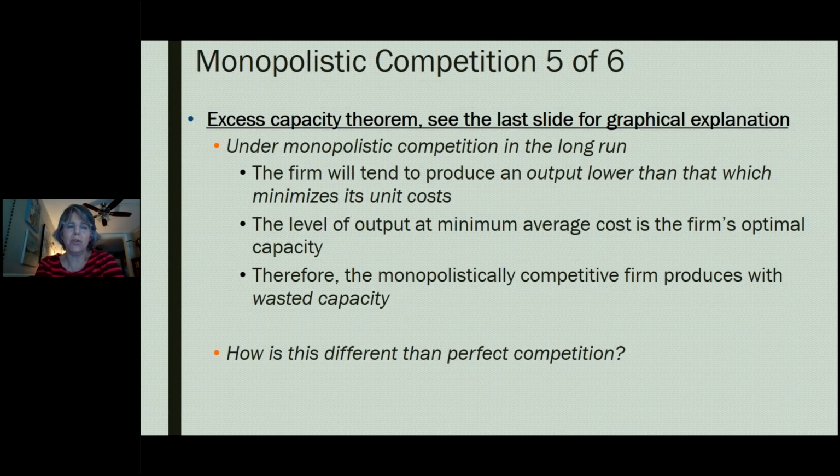So it has wasted capacity, which is different than perfect competition, but the only thing that you might be gaining from that is you might be willing to pay a little bit more if you could get your double macchiato, no foam, half water. You see what I'm saying? If you could have exactly what you want in an industry that has more options.